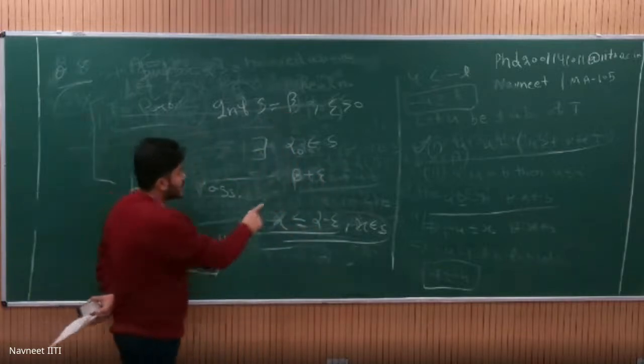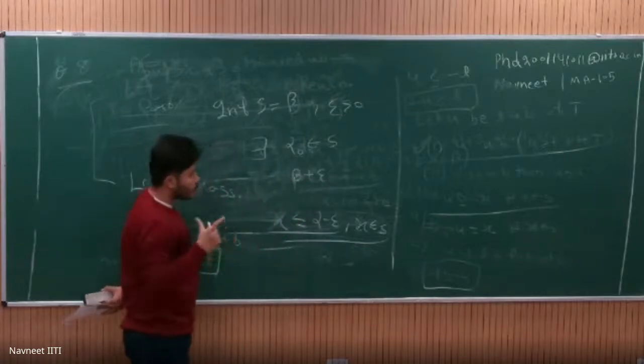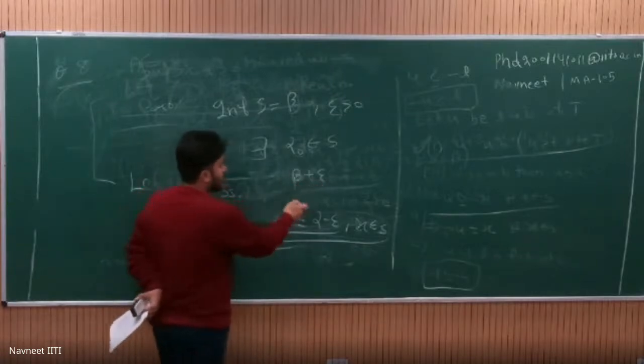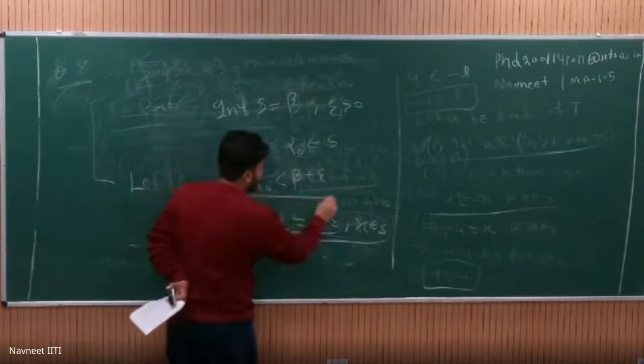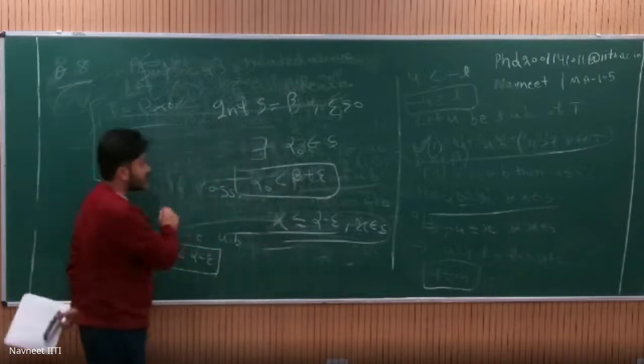That means what? Beta plus epsilon cannot be a lower bound. That means there exists a number which is going to be less than this number. That is the same as alpha naught. Okay, try to prove this statement also.